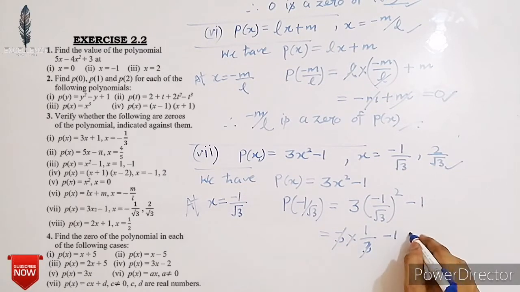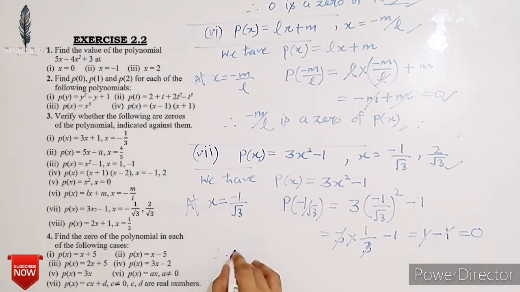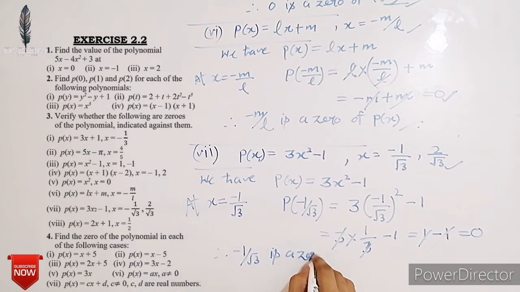Here 3 to 3 cancel, is equals to 1 minus 1 is equals to 0. So here minus 1 upon under root 3 is a 0 of P of x.